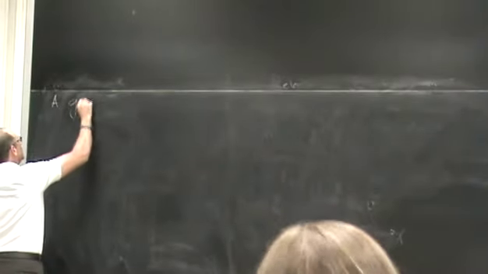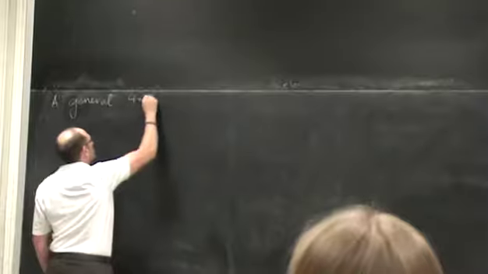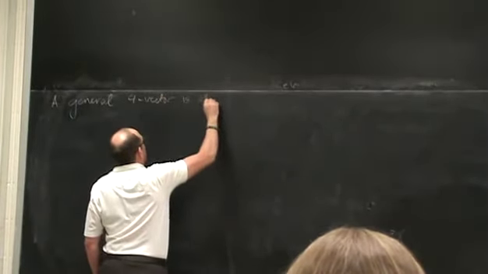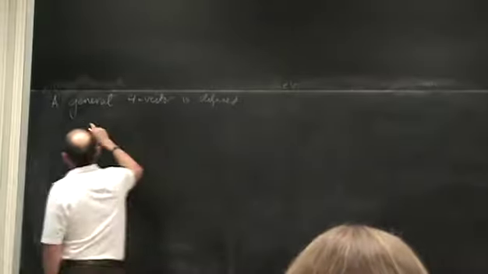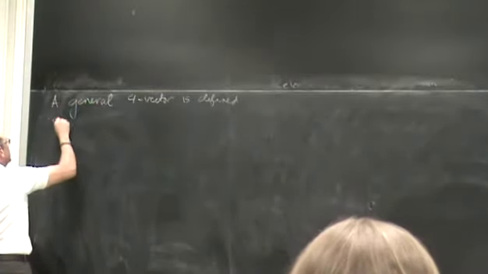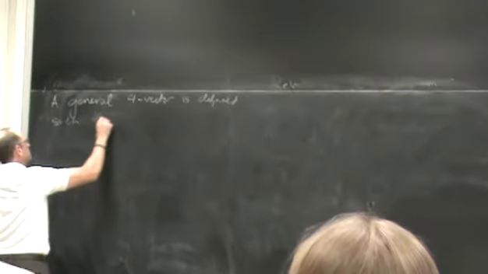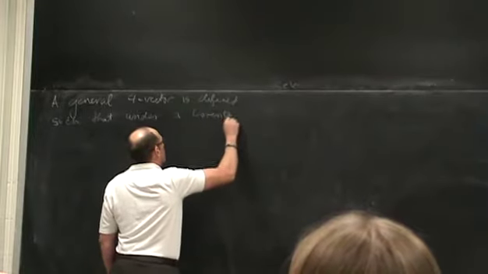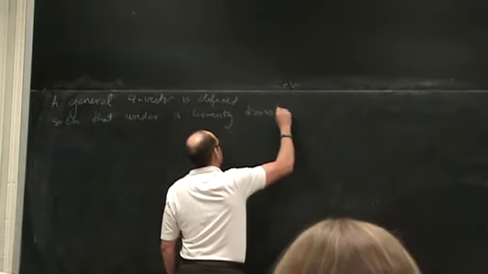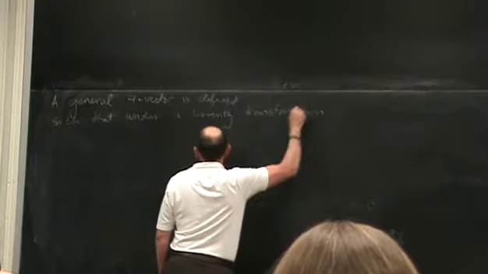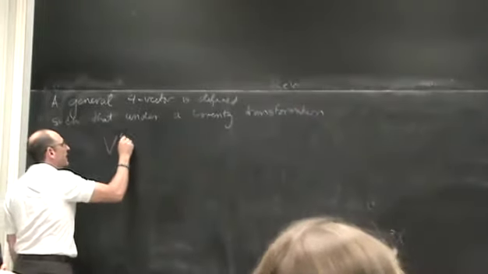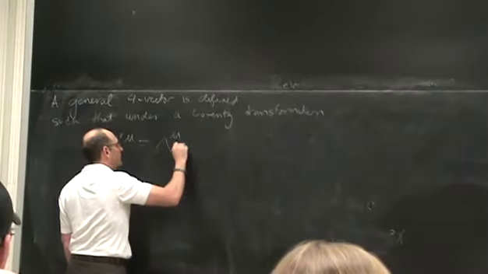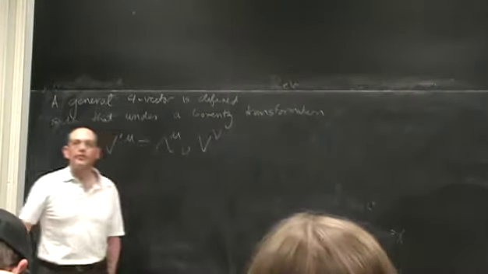So a general four vector is defined such that under a Lorentz transformation, the coordinates of that vector transform according to the same Lorentz transformation.